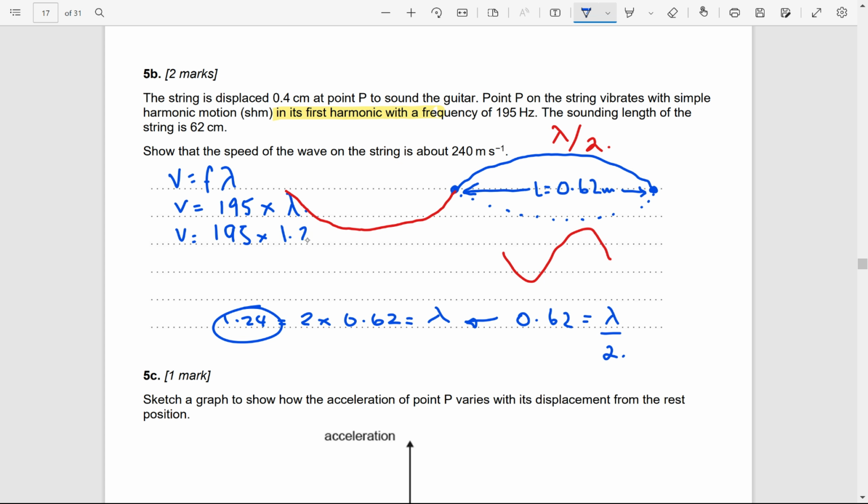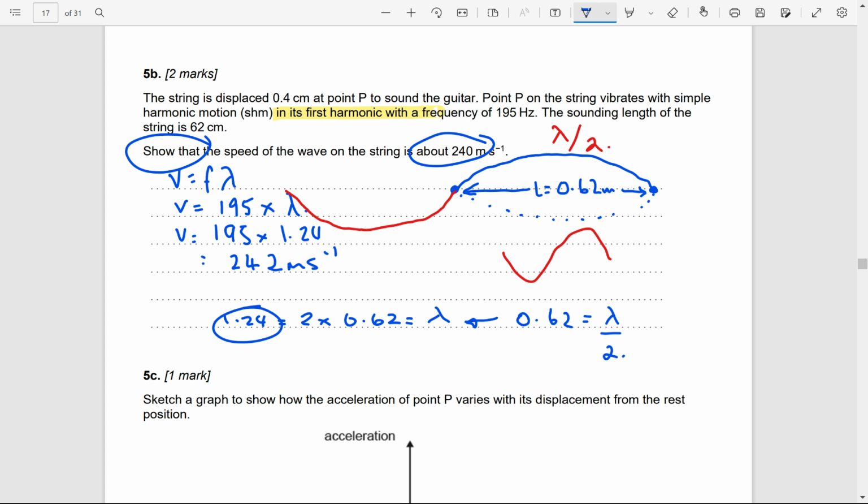So v equals 195 times 1.24, and so the speed is 242 meters per second. I'm going to keep it in 3 sig figs because it's saying a show that again, so we need to go to more than 2 sig figs.